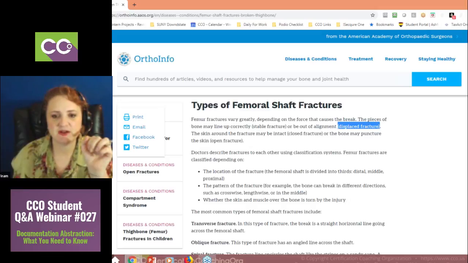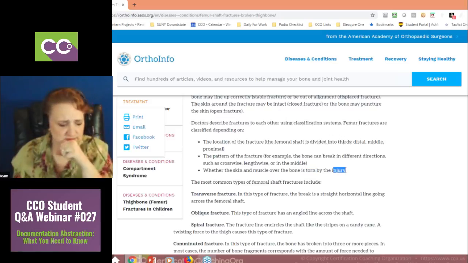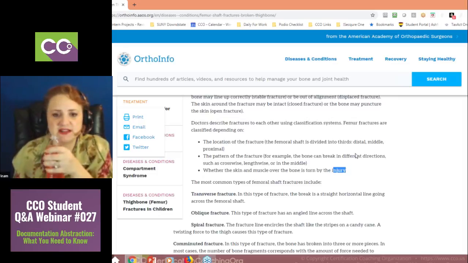So anything in parentheticals, we should take the time to look at. Then doctors describe fractures. Okay, so location and pattern and torn. I picked that, or you could just say injury. Something should leap off there for you. And then everything that's in parentheticals, distal, middle, proximal, different directions.